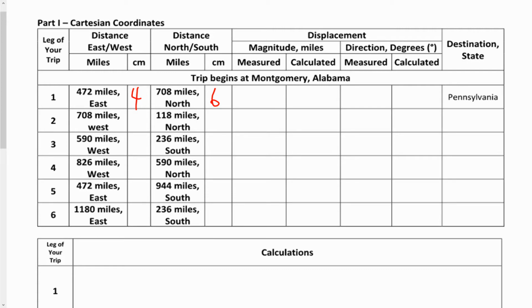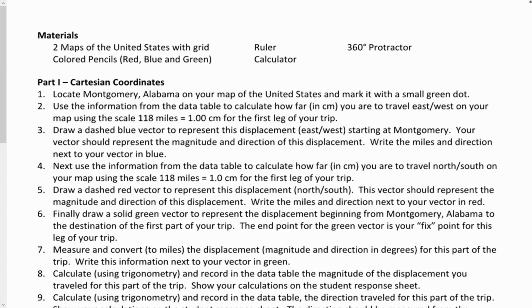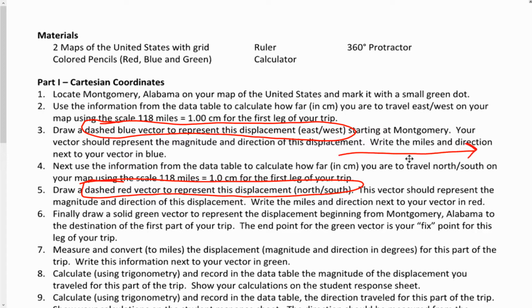In the instructions, it's actually very clear, and it tells us we're going to do dashed blue lines for our east and west movements for this part, and we're going to draw dashed red lines for our north and souths. So essentially we're going to go over 4 blocks east, and then we'll go up 6 blocks north.